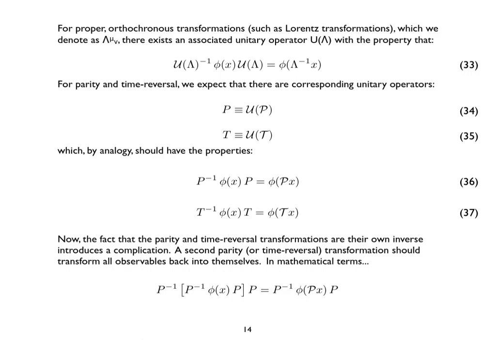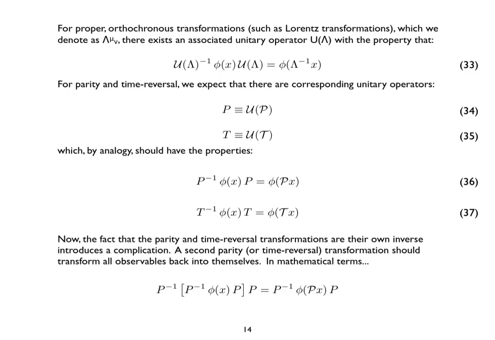We introduced the notation P and T for the parity and time reversal unitary operators, and so we propose that these obey the same type of relation. When we sandwich the scalar field between parity and the inverse parity operator, or time reversal and the inverse time reversal operator, we get back the scalar field with its coordinates transformed. Right? So either spatially inverted or time reversed.